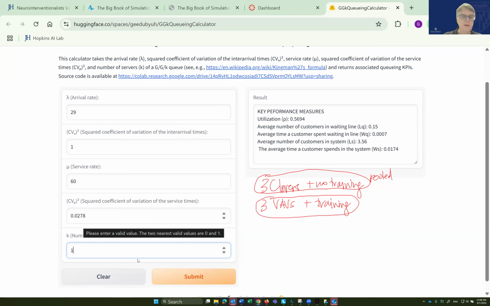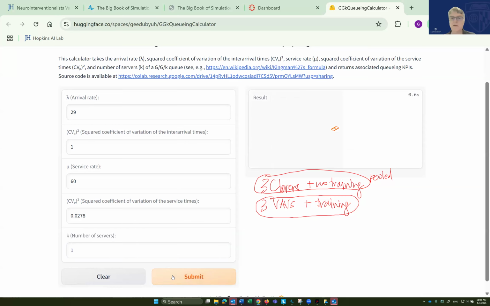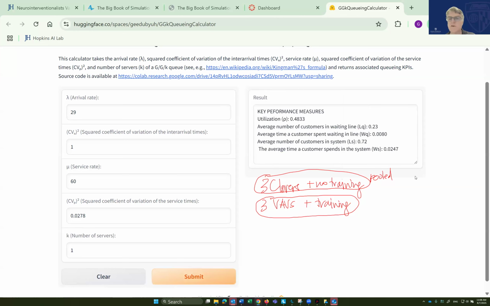And so we run this, and you see that utilizations are as I reported. So 48%, 48.3%. And then I'm just going to write the number down here. So this is row 0.0247.